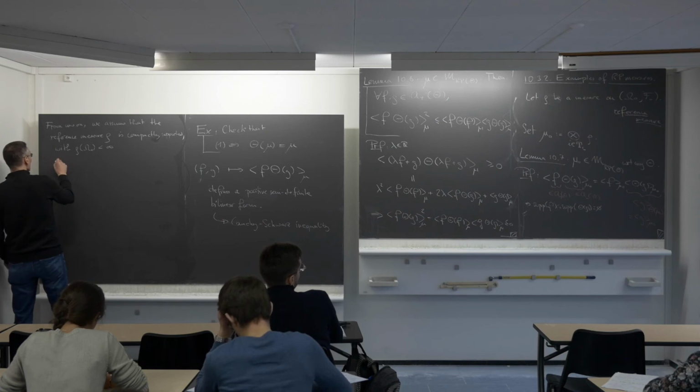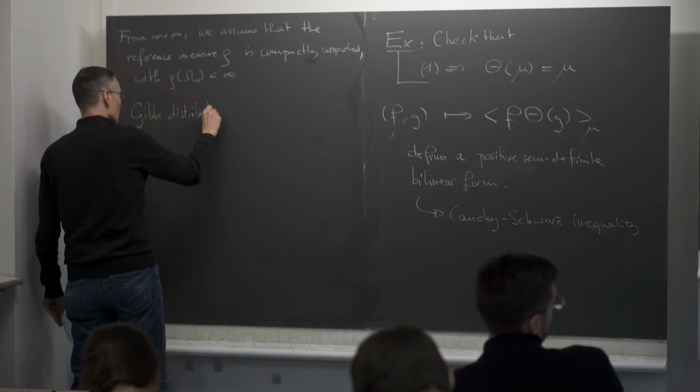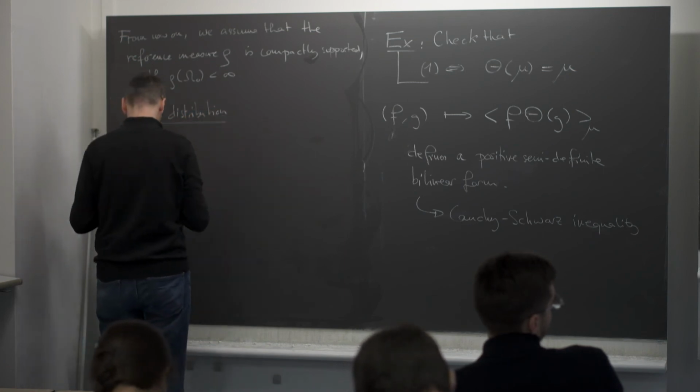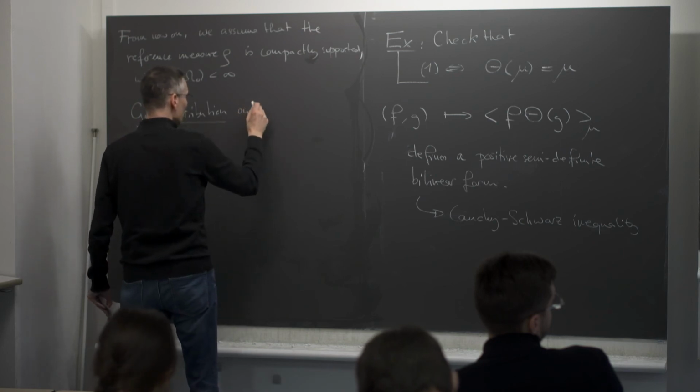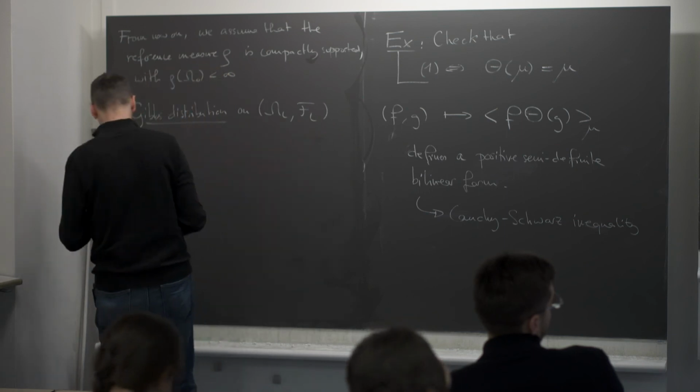Okay, so now the Gibbs distribution. It's a probability measure on omega L, the product of the rho.